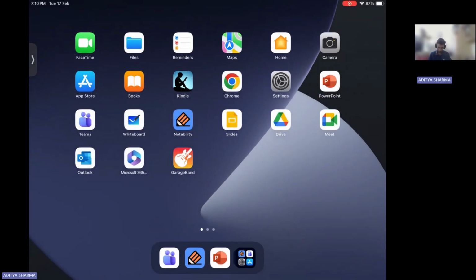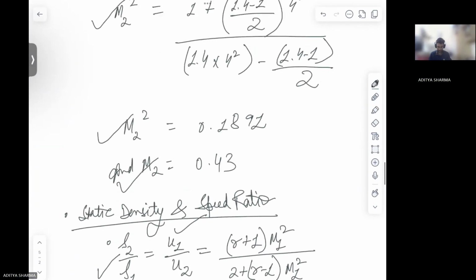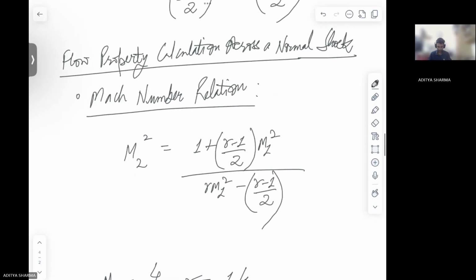Now for this, see this relation here. Two parameters are there: one is M1, the other one is gamma.